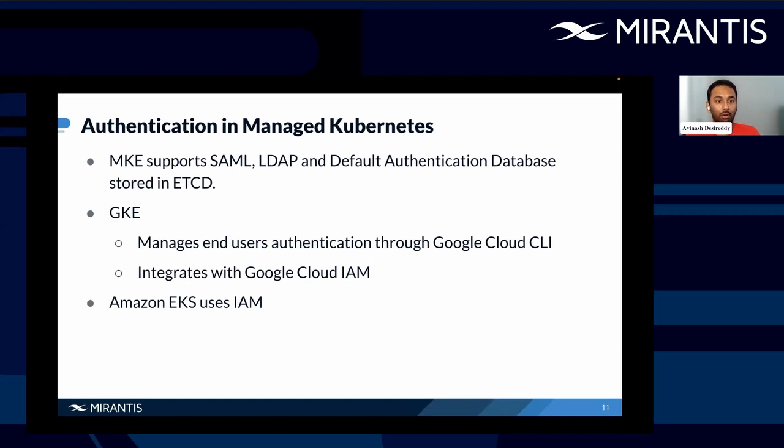The next one, if we take Google Kubernetes Engine, it manages end user authentication through Google Cloud CLI, where the Cloud CLI is tightly integrated with Google Cloud IAM. That means our GKE cluster is integrated with Cloud IAM. So we have this single sign-on mechanism to access any of these Google services or the Google Kubernetes Engine using a single point framework.